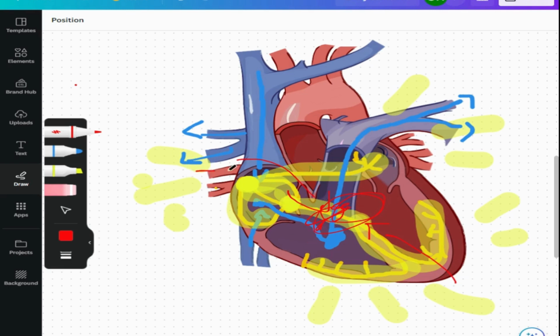But since the top of the heart contracts first, the blood gets pushed down here, and then the bottom half of the heart contracts and it gets pushed out. So by this happening, the blood doesn't get pooled in the center of the heart.